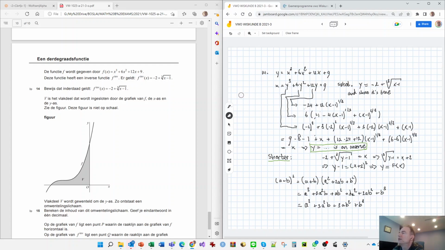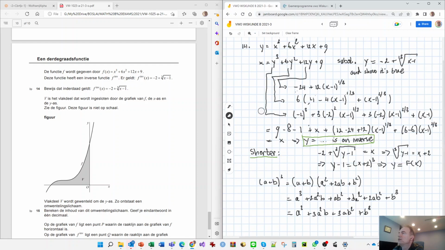Okay, so actually there is a long way and a short way, but they are both equivalent, so I just wanted to illustrate that.